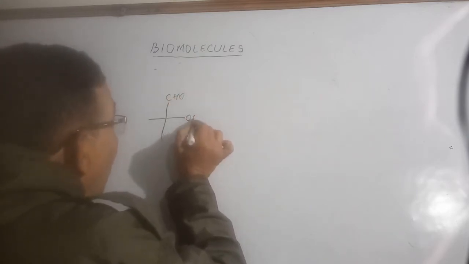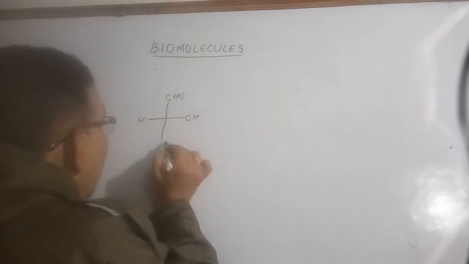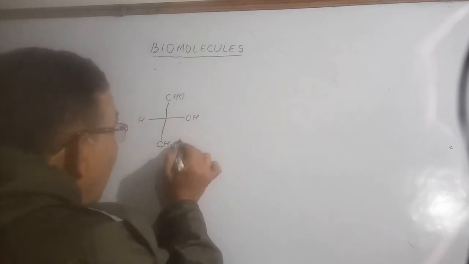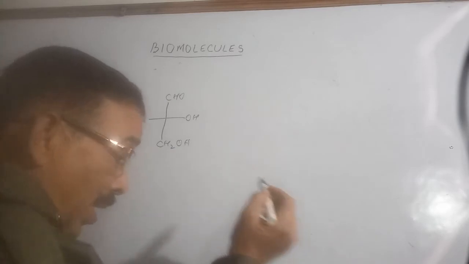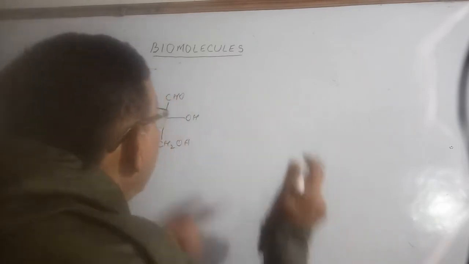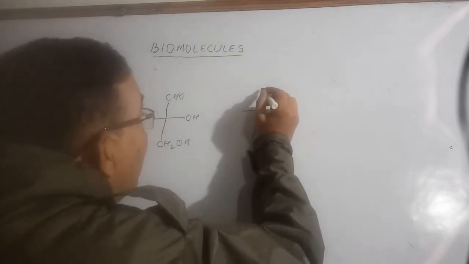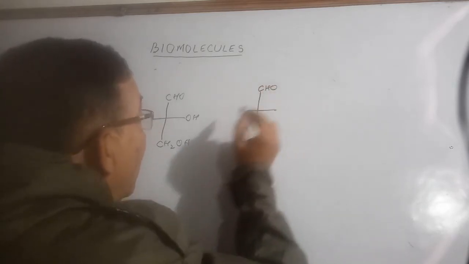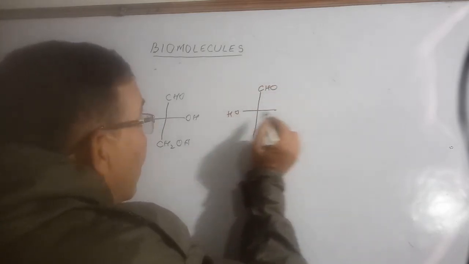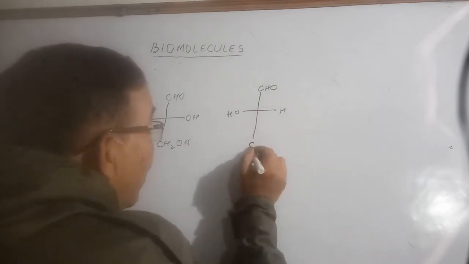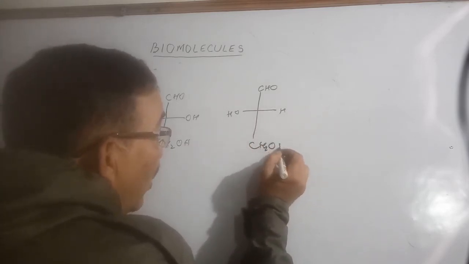CHO, OH, H, CH2OH. And the other isomer is CHO, OH, H and CH2OH.